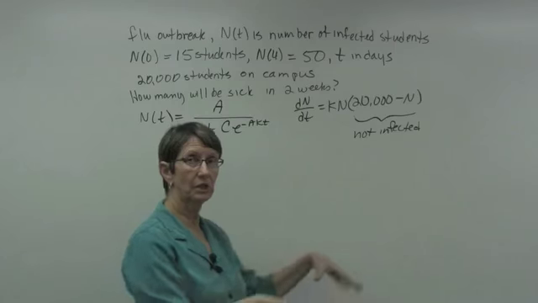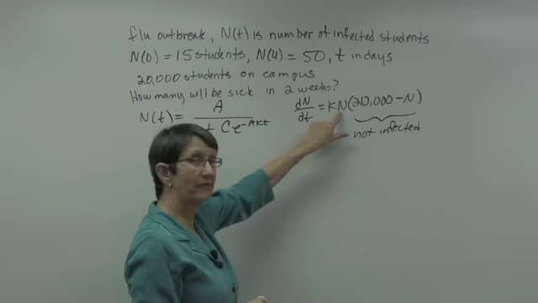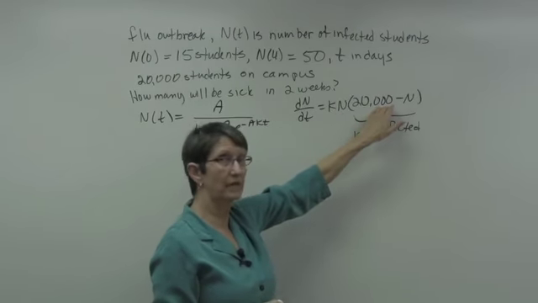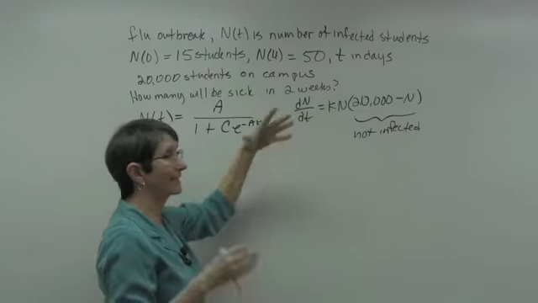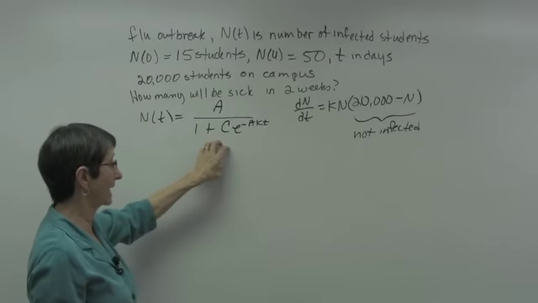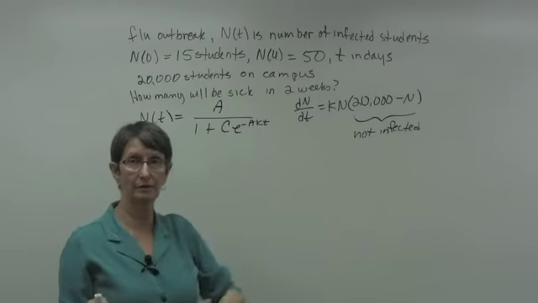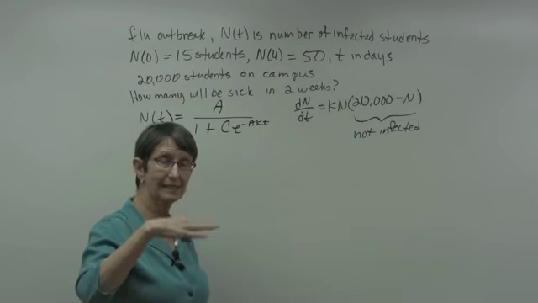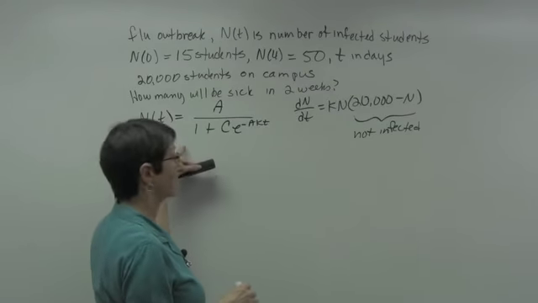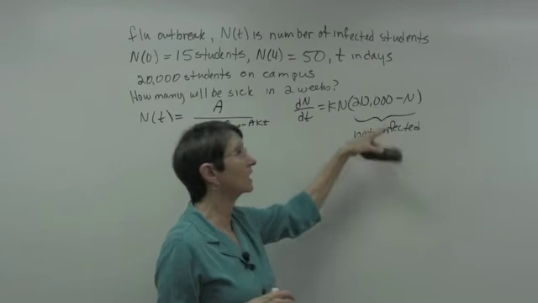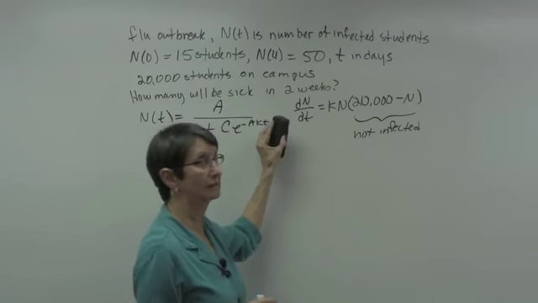As the flu continues, the number of infected multiplied by the number of non-infected is what gives us our rate of change. The integration is shown in the lesson to get this formula, but that's the uninfected multiplied by the infected.